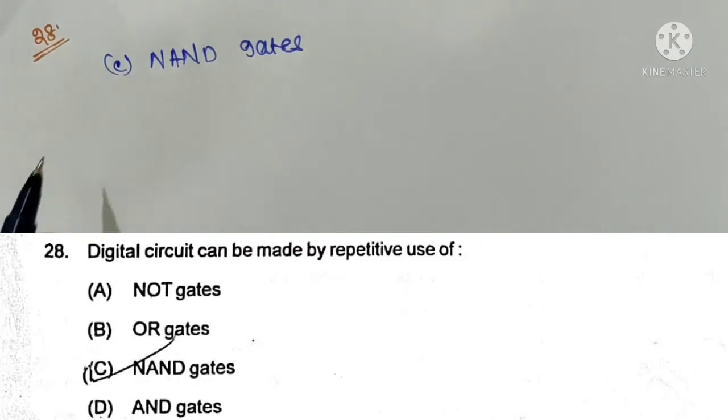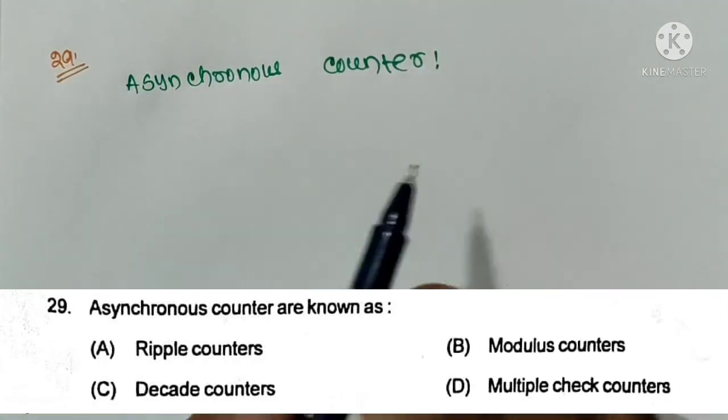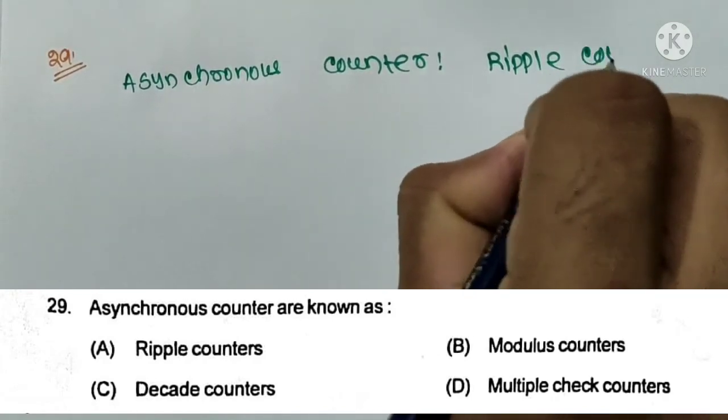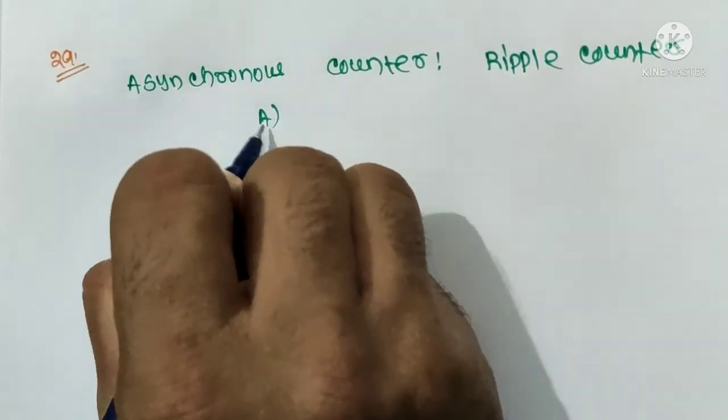So your correct option is option C. Question number 29. Asynchronous counters are known as, we know asynchronous counters are known as ripple counters. So your correct option is option A.